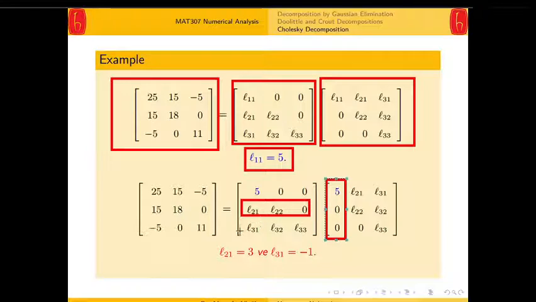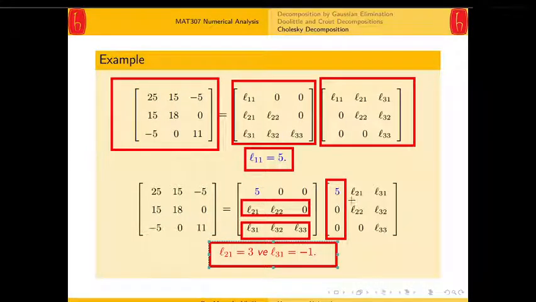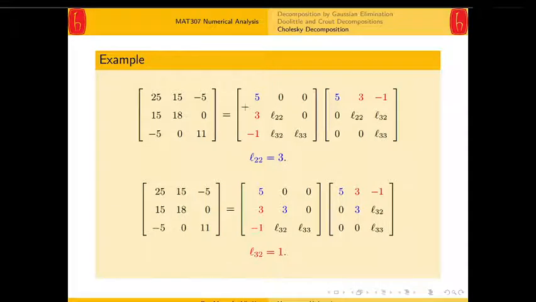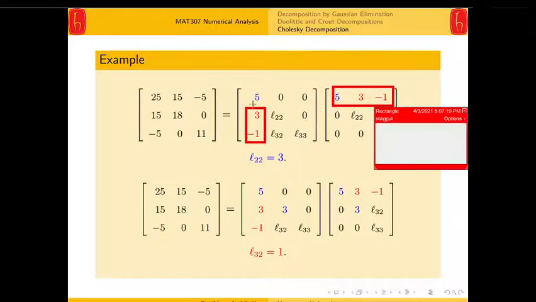This will give us, for example, L21: 5 times L21 will be equal to 15, so L21 will be 3. And 5 times L31 is equal to negative 5, so L31 will be negative 1. This way we obtain those numbers, and they can be substituted in both matrices because they are transposes of one another. They are already found, and we can move on to the other unknowns.